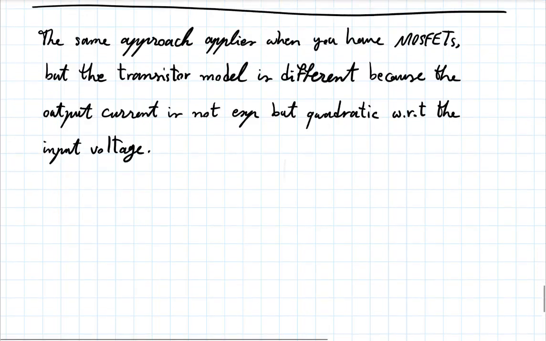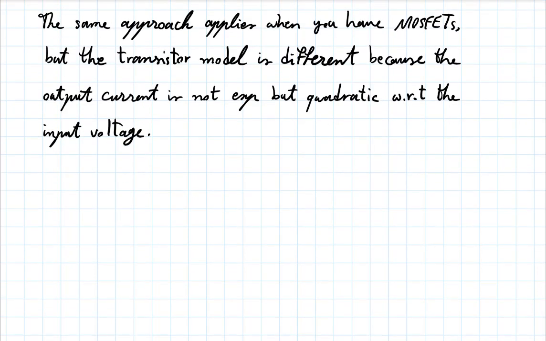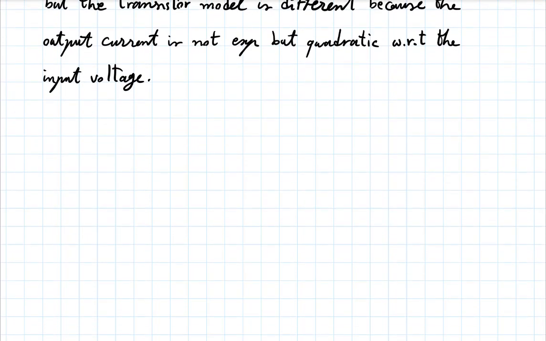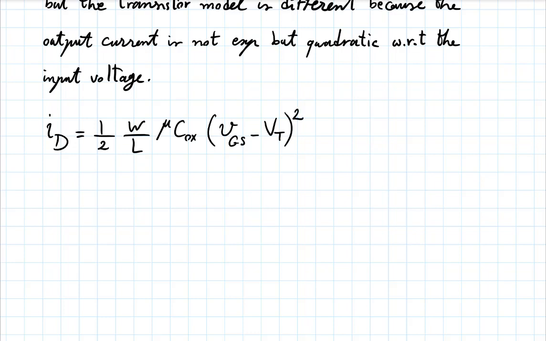For example, last time we saw that gm, let's remember that, for your total drain current in the saturation mode, which is its active mode, was one half times this instead of exponential.